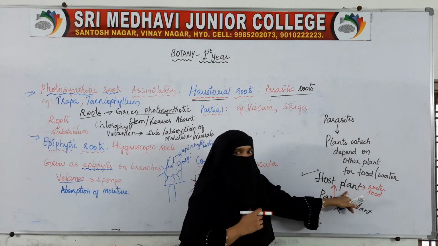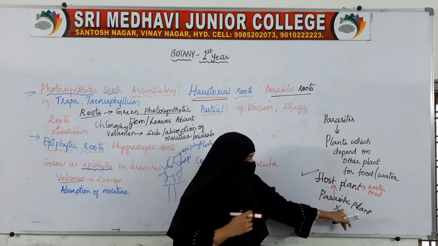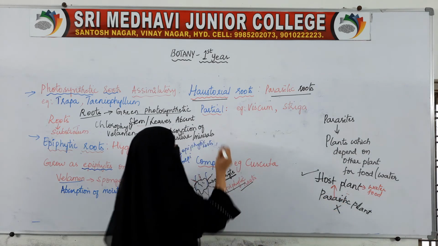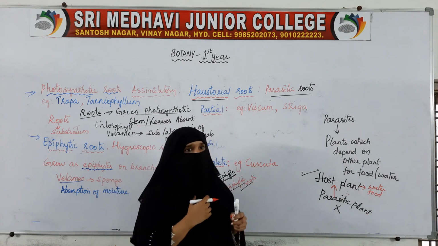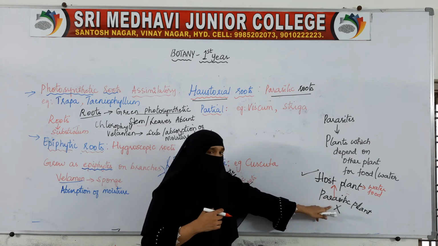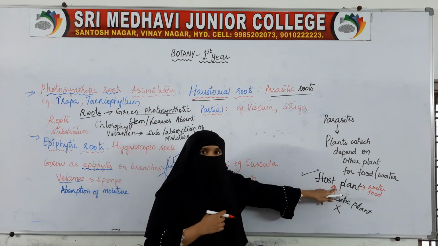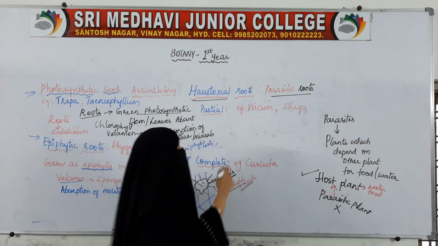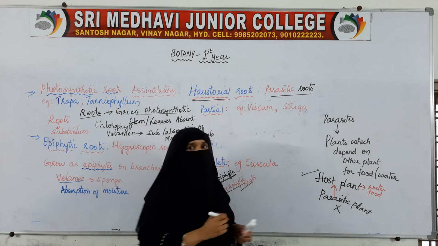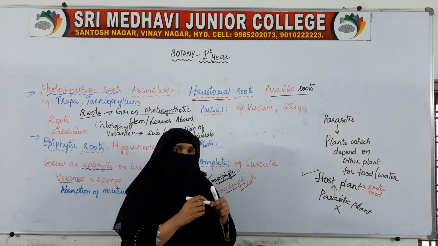Such plants are called parasitic plants. The roots of these parasitic plants which attack the host plant are called haustorial roots or parasitic roots.